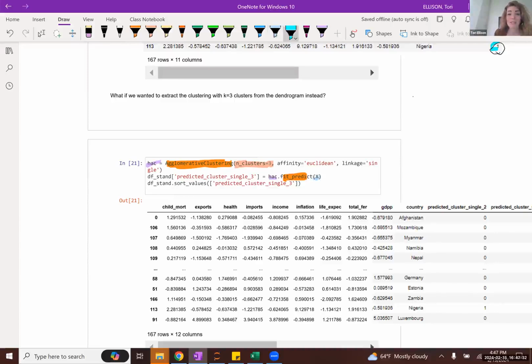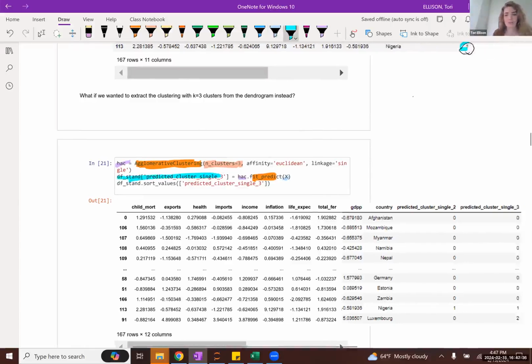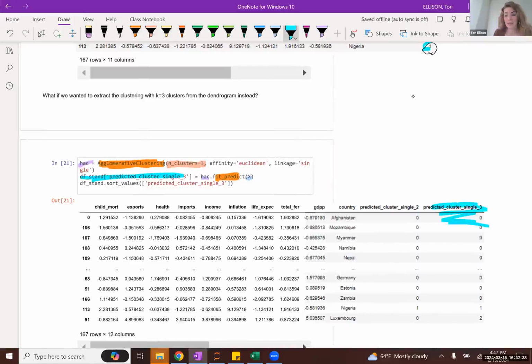This creates a different set of cluster labels for the clustering with 3 clusters. So I can see again I've got 1 singleton cluster of Luxembourg, 1 for Nigeria, and then 1 for everything else.